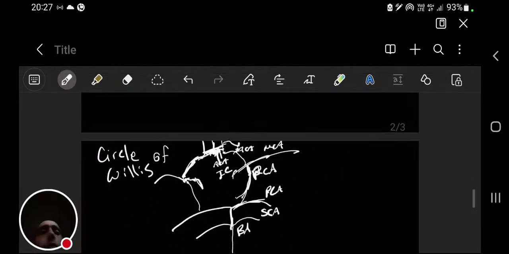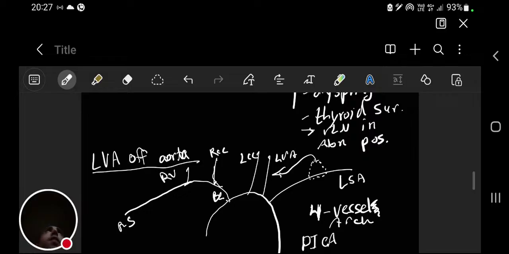Let's continue. So we talked about the left vertebral artery that comes right from the arch of the aorta, which is another anatomical variant usually seen in about 6% of the population, also called a four-vessel arch.